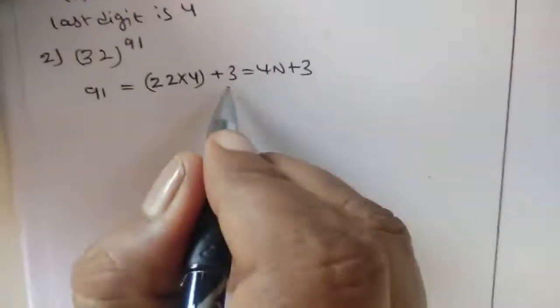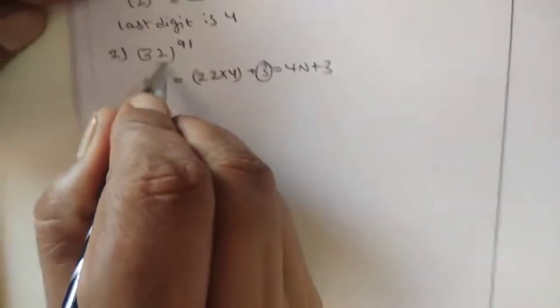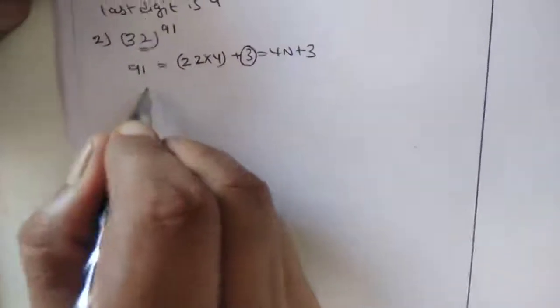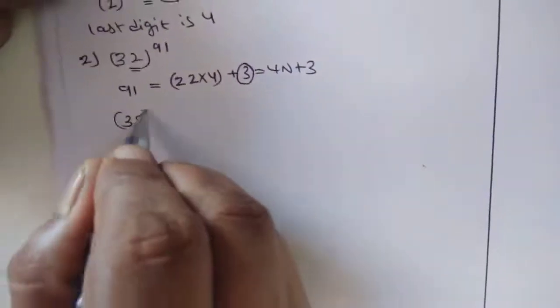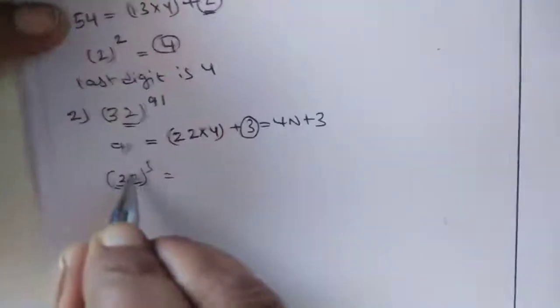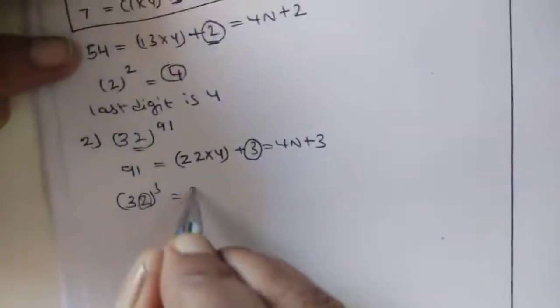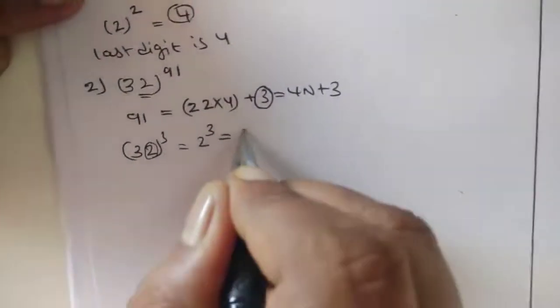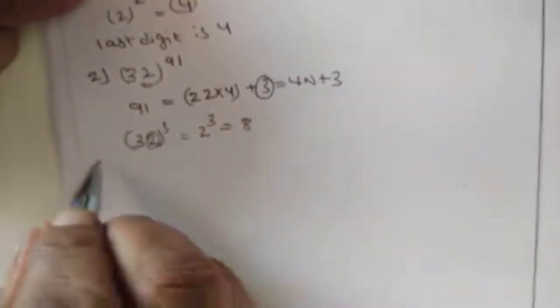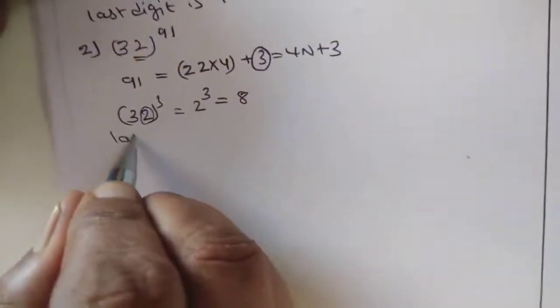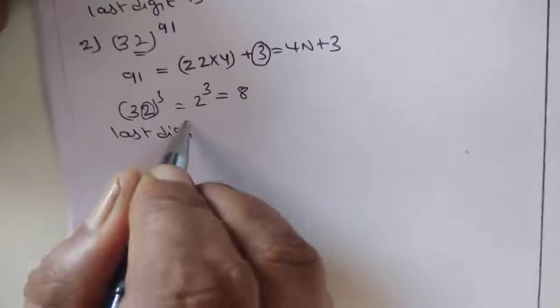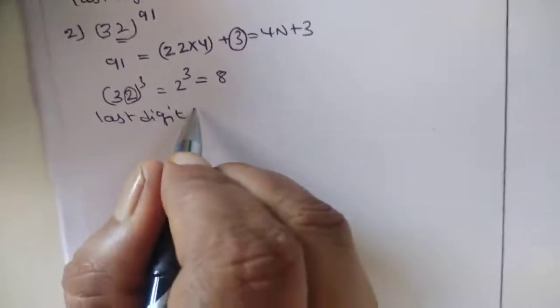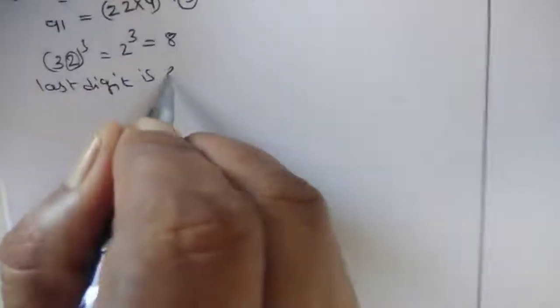So you take the remainder, that is 3. So you take the last digit here 2. So it's 32 power 3, or you take this last digit 2. So 2 power 3, that's 8. Here the last digit in this will be 8.